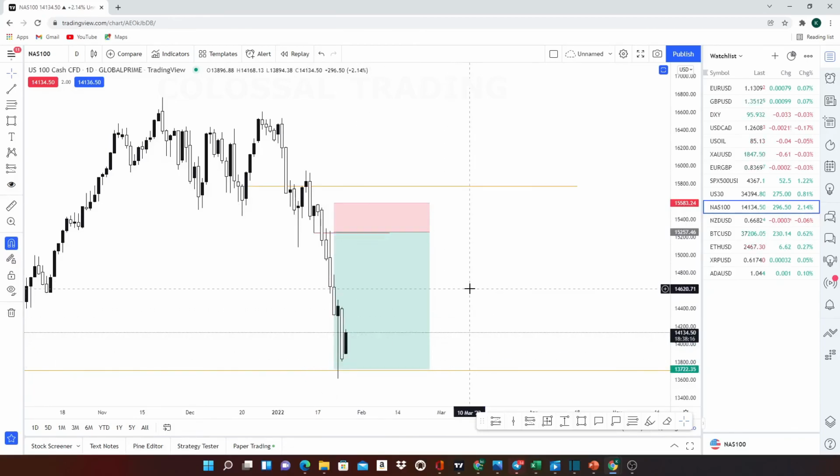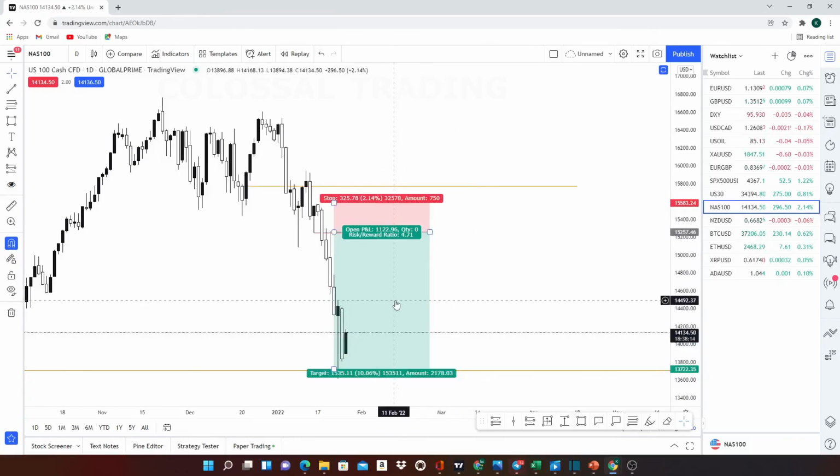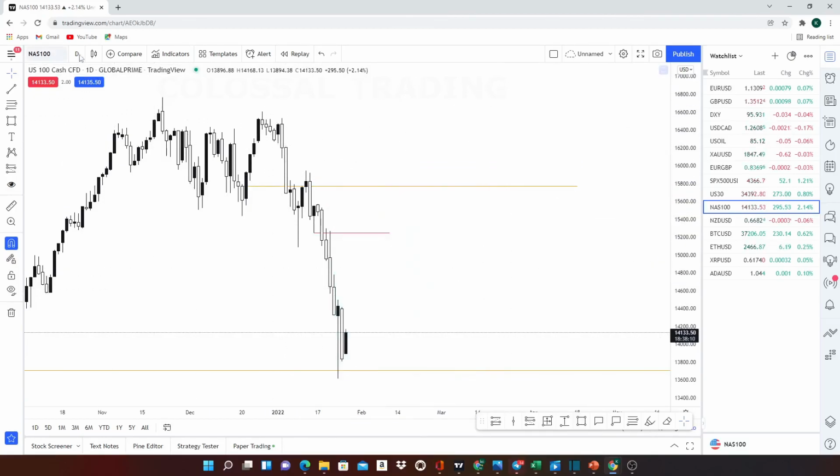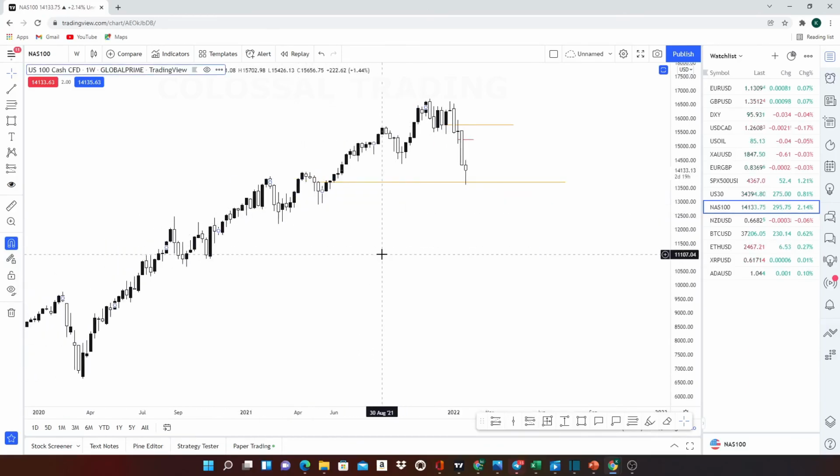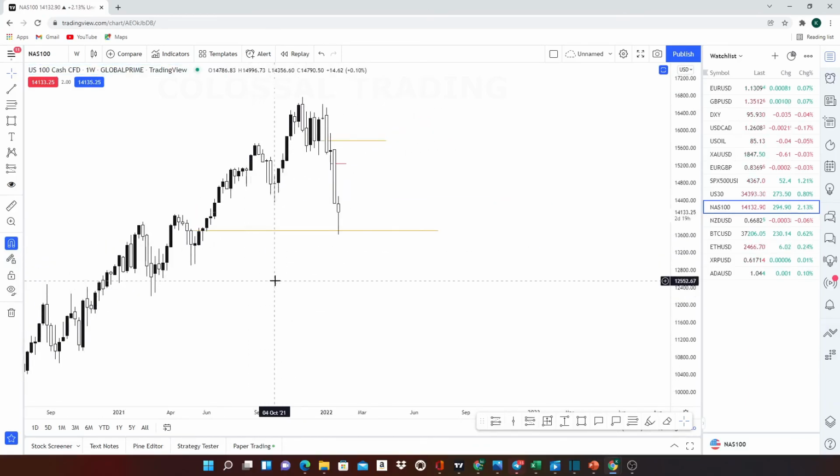It's like a 1 to 4.7. Boom, we'll be done for the day, done for the week. And it goes right here and stops. There's a reason why it does that. All right. So anyways, order blocks, that's how you use them.